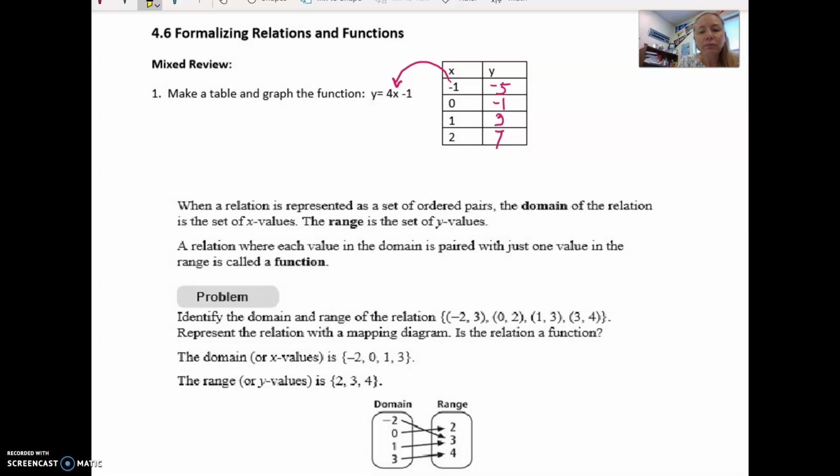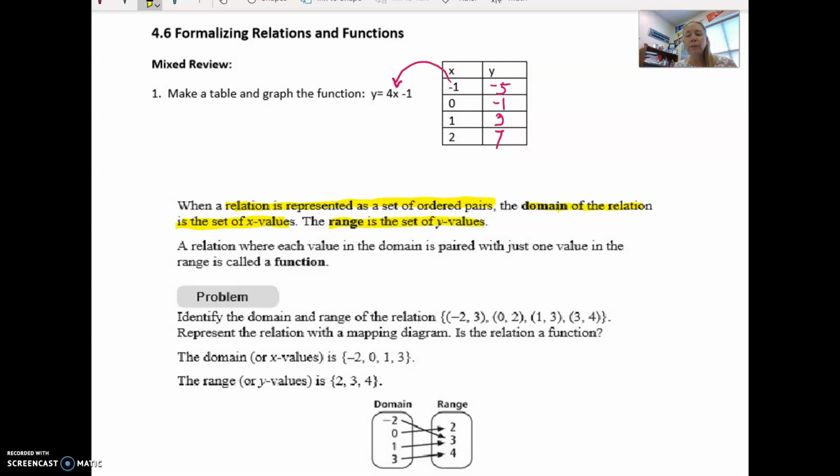So first of all, a relation is just a group or set of ordered pairs. So there's a vocabulary word we need to know. Also, we need to understand that domain is a relation where we're just talking about all the x values. And the range is just the set of all the y values. So just some vocab there.